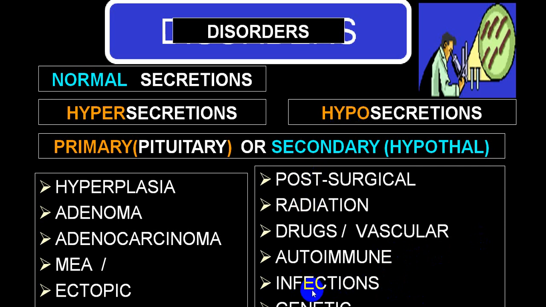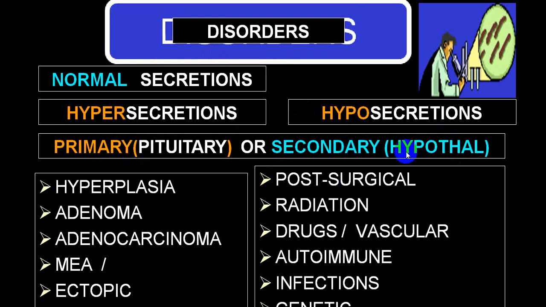These are in general the hyposecretion conditions of the pituitary gland, which we'll be discussing separately in hypopituitarism. If the pituitary gland is at fault and is producing either hypersecretion or hyposecretion, it is called a primary disorder.